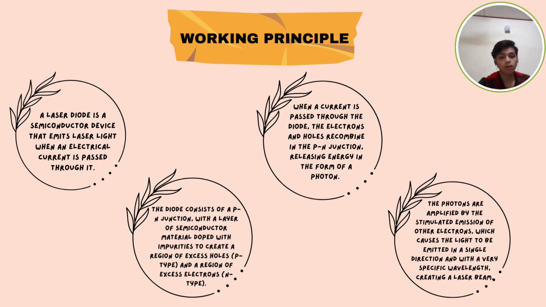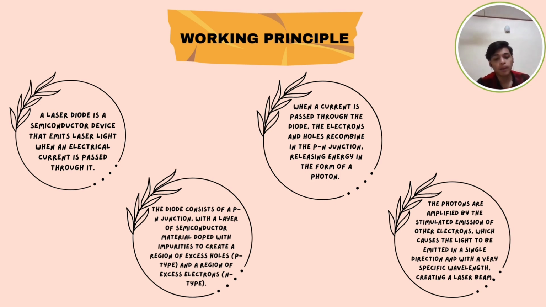However, when a photon of light interacts with an excited electron, it can stimulate the electron to release another photon of light with the same phase, wavelength, and direction as the original photon. This process is known as stimulated emission.